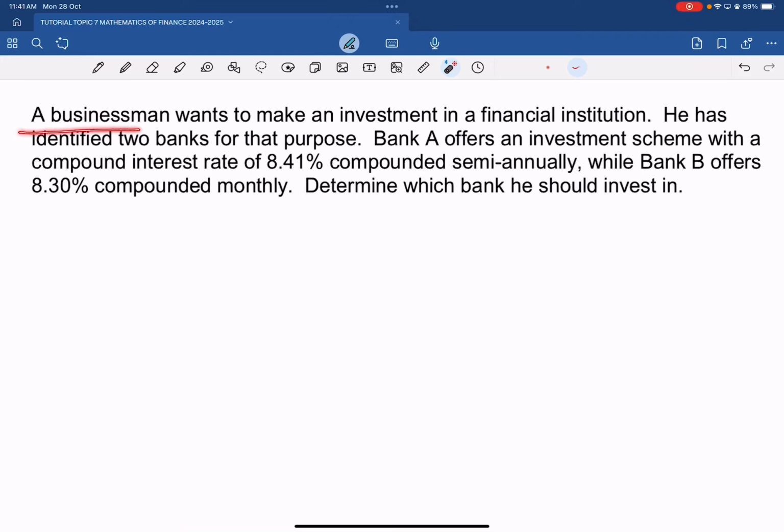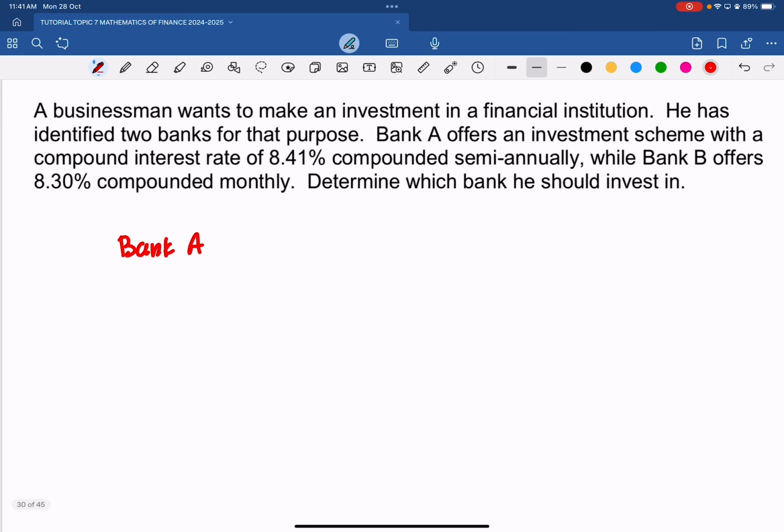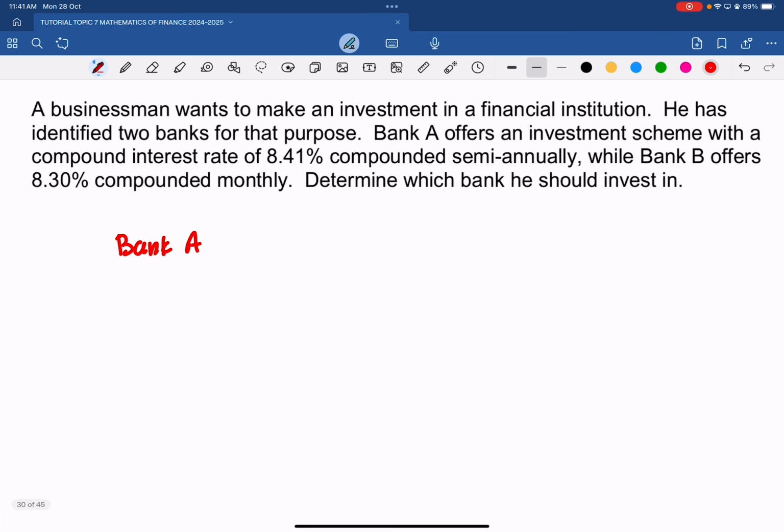A businessman wants to make an investment in a financial institution. He has identified two banks for that purpose. Right now, Bank A offers an investment scheme with a compound interest J2 equals 8.41%, that is 0.0841, compounded semi-annually, M equals 2.